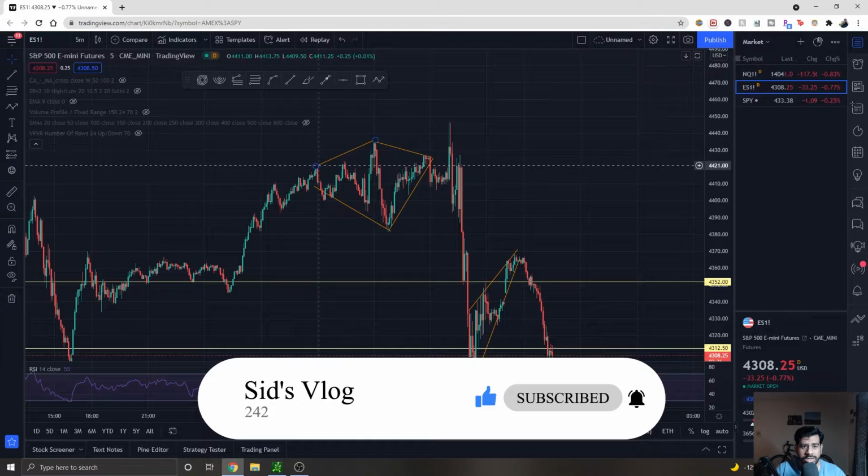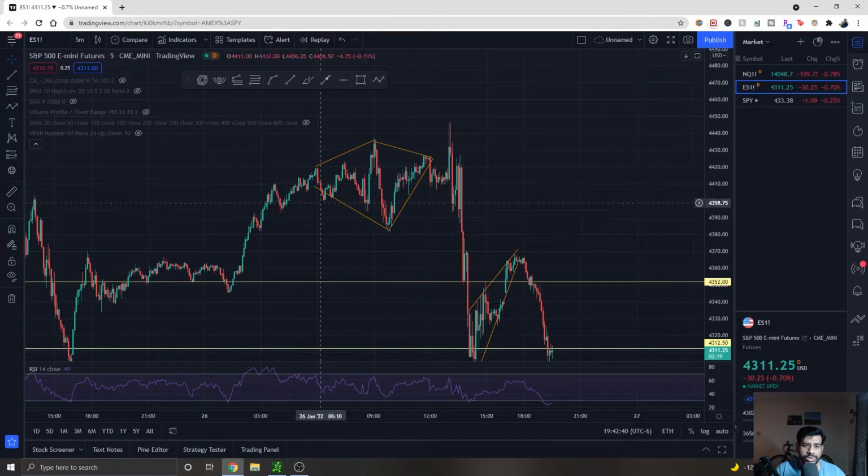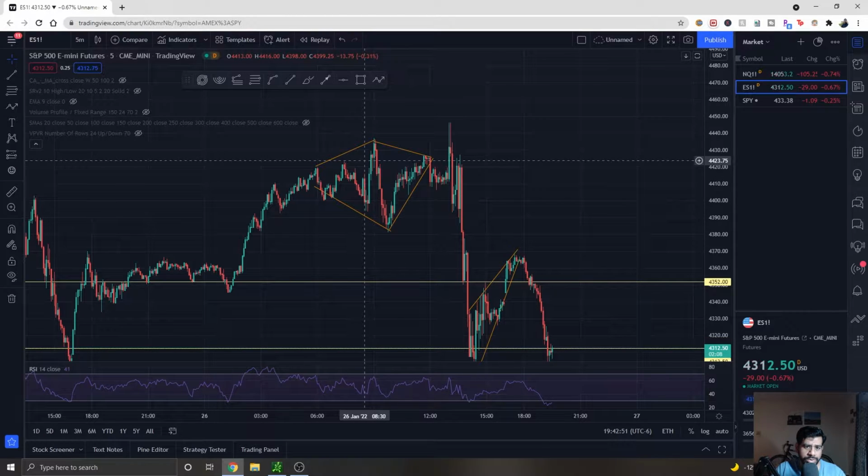As you can see here, we can clearly see that the diamond formation was in play, and it's similar to SPY, but this is what SPY tracks, so this is more important. And usually there is no after hours, and it basically trades throughout the day. This is really important to understand.